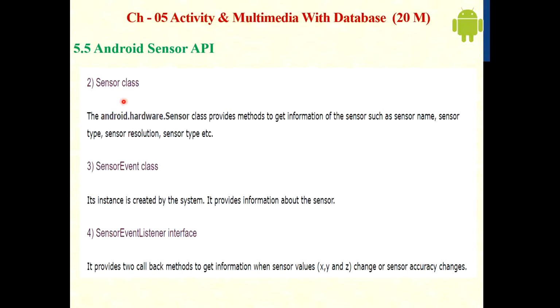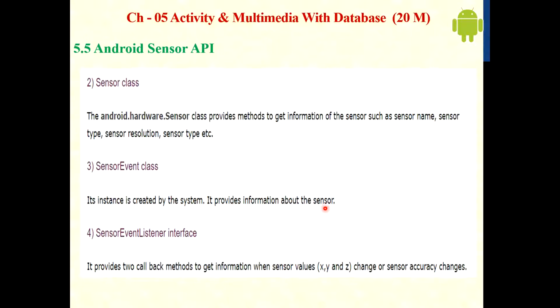Next class is the Sensor class. The android.hardware.Sensor class provides the methods to get the information of a sensor such as sensor name, sensor type, and sensor resolution. So the second class is the Sensor class, which also provides various methods. Then the next class is the SensorEvent class. Its instance is created by the system.